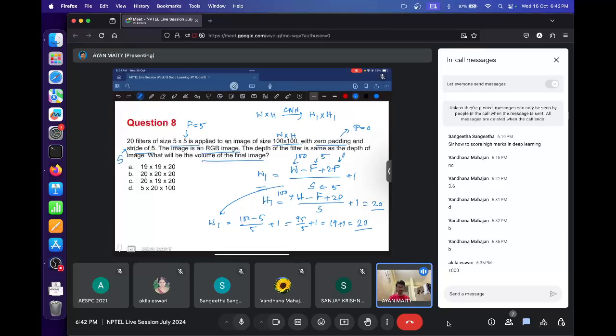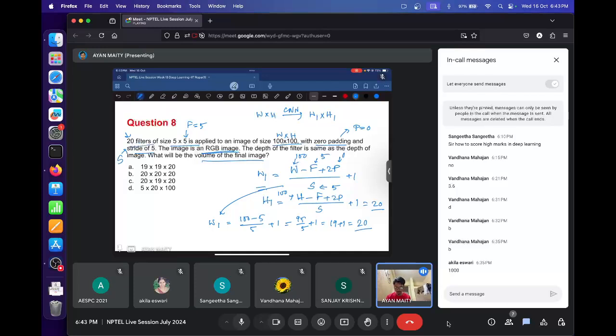Now what would be the depth? Depth would always be the number of filters. For the input image, it was an RGB image, so the depth of the input image was 3. So the shape of the input image was actually 100 by 100 by 3. But in the output image, the depth would always be same as the number of filters used.